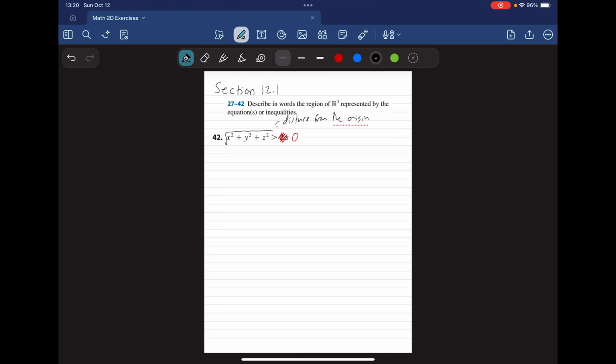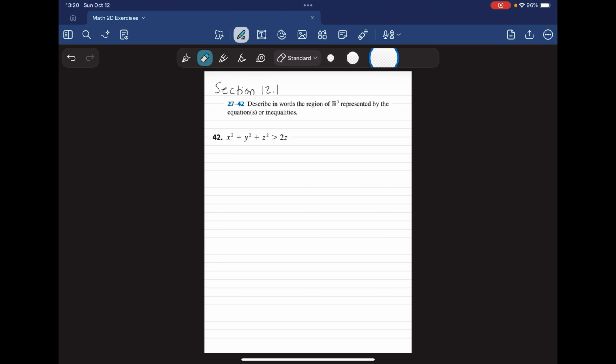And so it's not too difficult to see that this would be every single point in R3 except for the point that has a distance equal to 0 from the origin, namely the origin itself. But we're not given this right side for this problem.